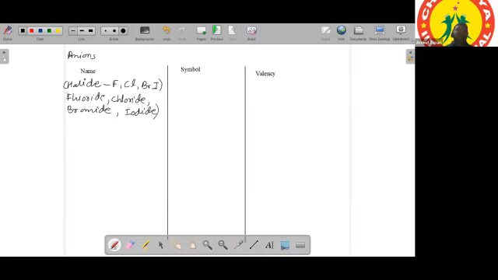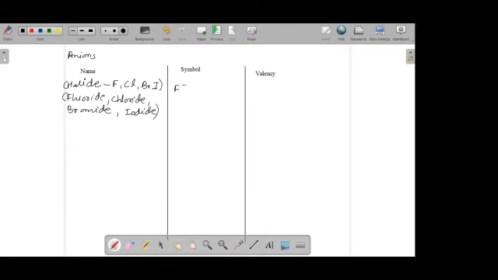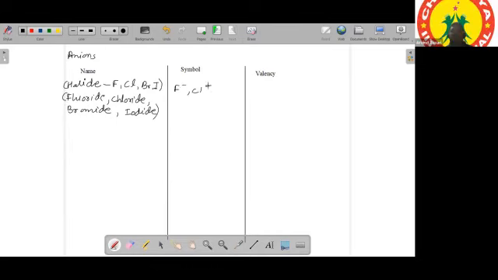So can you tell me what will be their valency? Sir, -1. So fluoride, chloride, bromide, and iodide, all of them have a valency of -1.